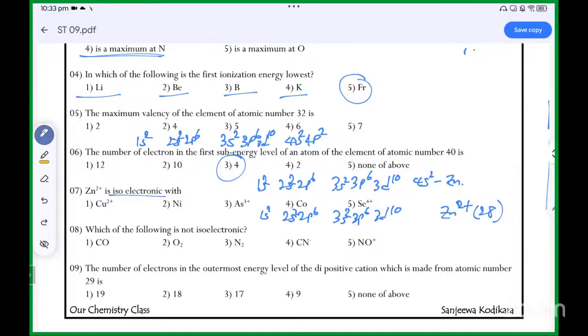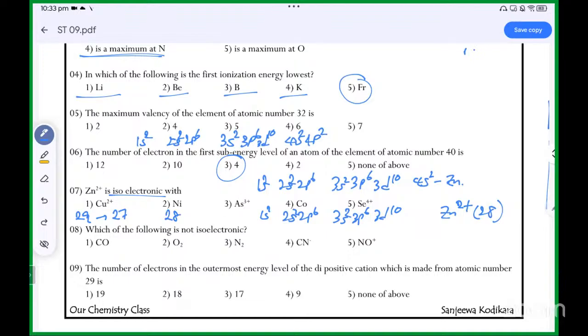So we need to check which one is having the same number of electrons, right? Copper's atomic number is 29. Copper 2 plus should be 27. So this is not isoelectronic, right? Then nickel is 28. So definitely that should be the answer, right?